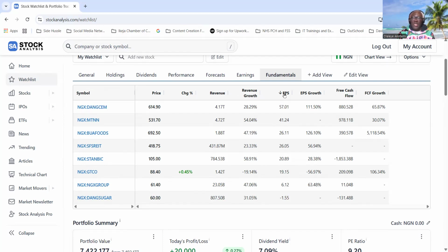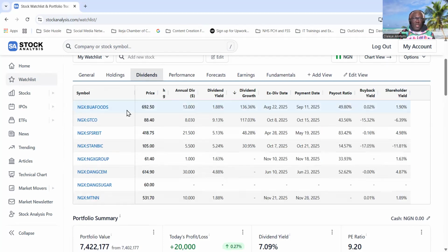So if a company is earning 57 naira per share, then it can afford to pay you, let's say, how much did Dangote Cement pay? Okay, dividend. Dangote Cement, it can afford to pay you 30 naira because the earnings per share is 57 naira.